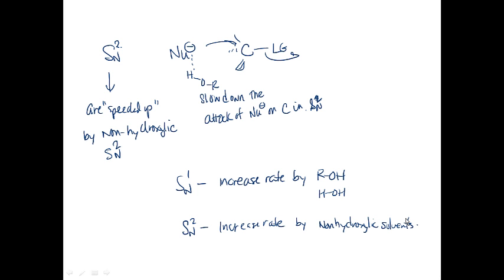You may say, well, what role does solvent play in E1 and E2? Well, solvent would play the same role in E1 as it does in SN1, since E1 and SN1 share the same first rate determining step.